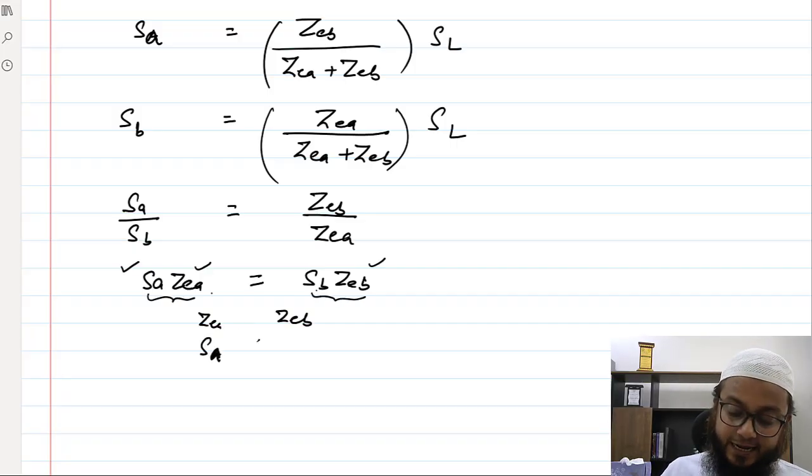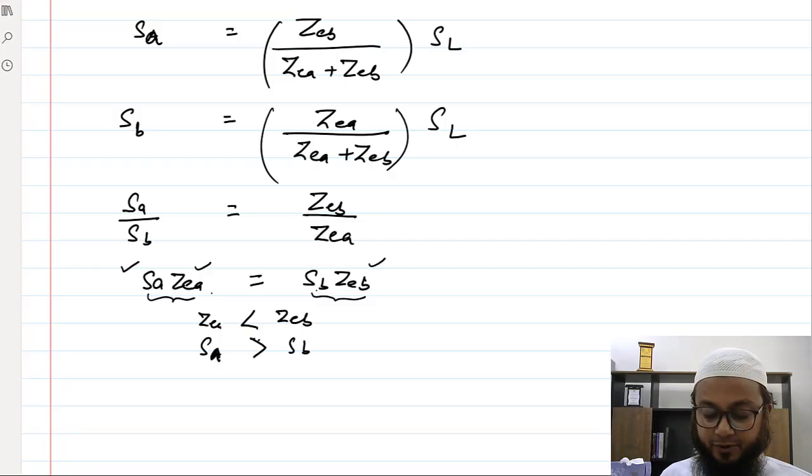So if ZEA is smaller than ZEB, that means SA would be greater than SB. That means transformer A will take more apparent power of the load than transformer B. Okay, so let's say these two transformers you are using, and gradually you are increasing the load. So you will observe that transformer A will get loaded first.